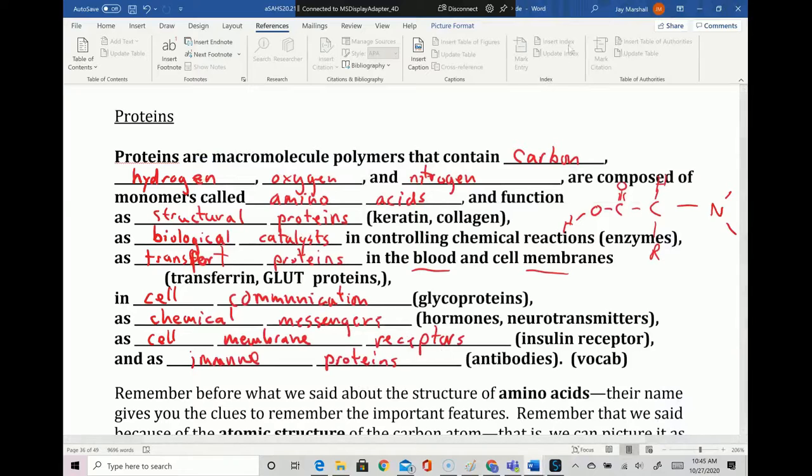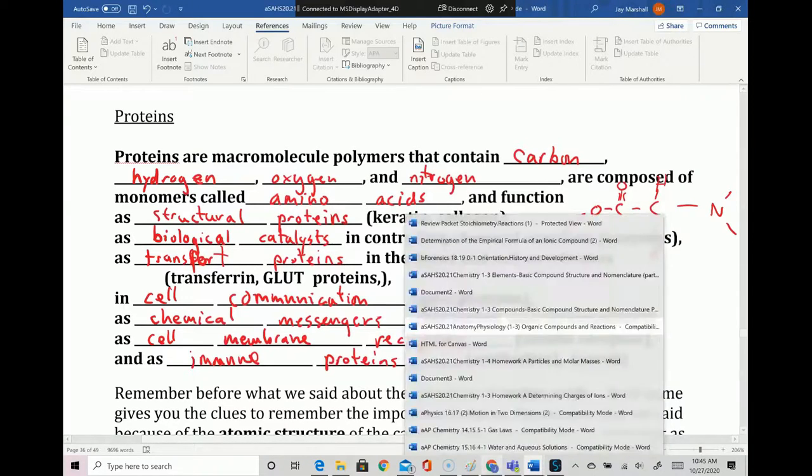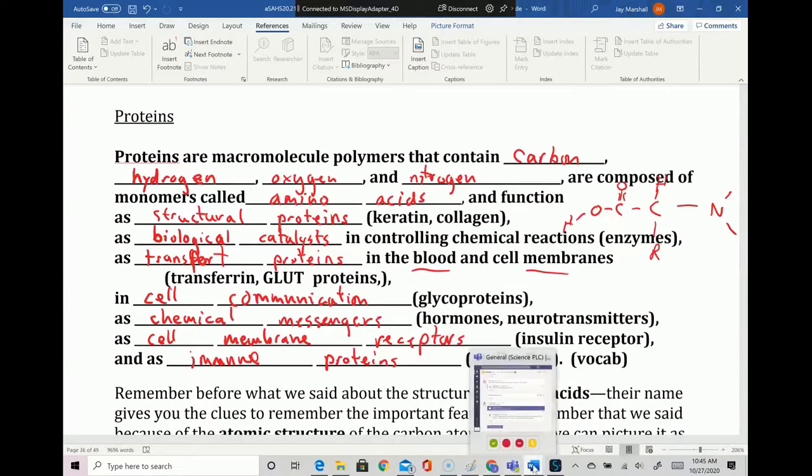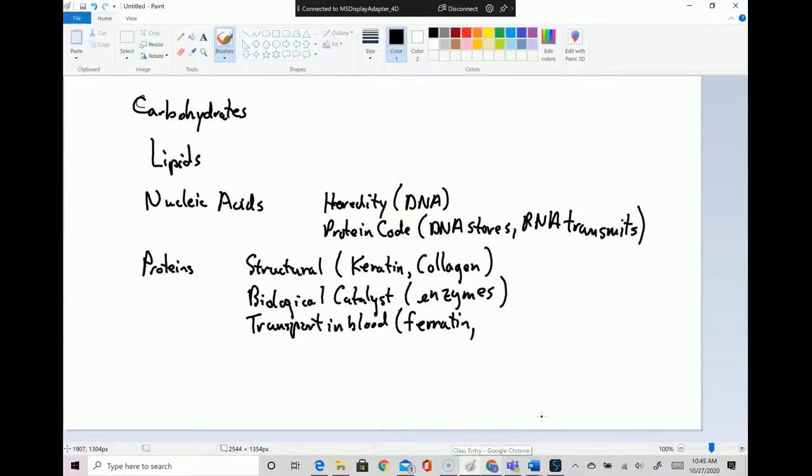I'm sorry, transferrin, not ferritin. So that'll be transferrin.